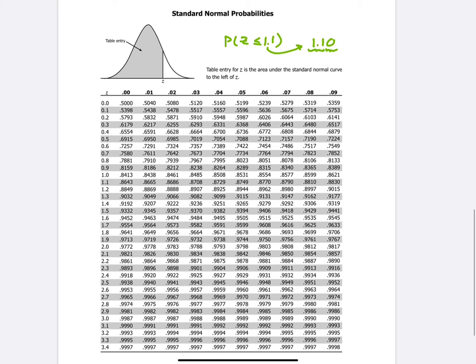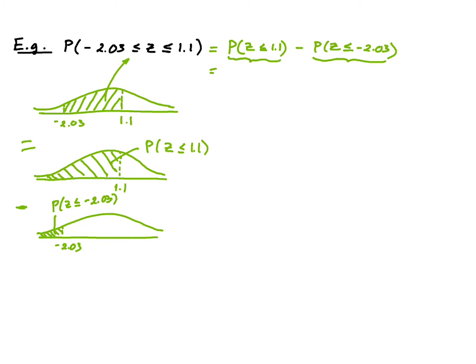So you want to go to row 1.1 and look under column 0.00, and that gives you a probability of 0.8643. So this is 0.8643.